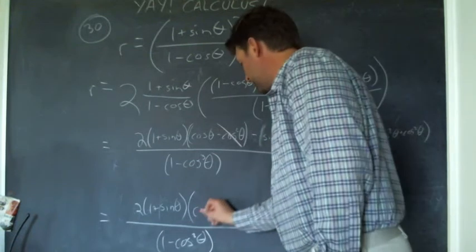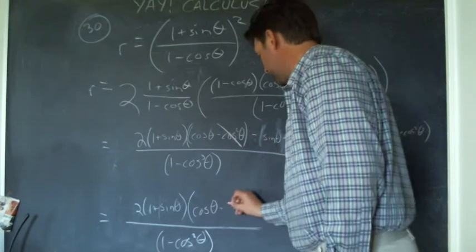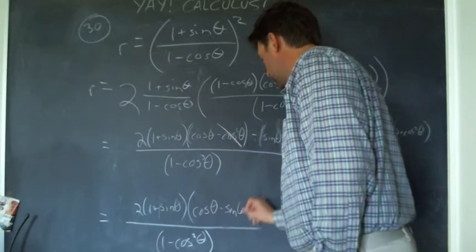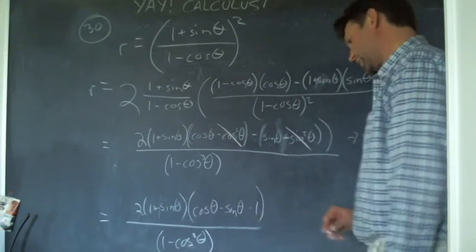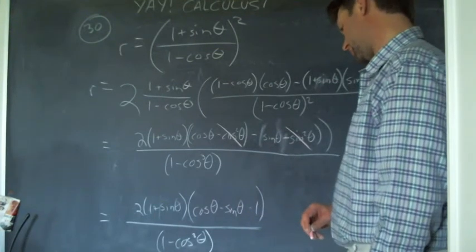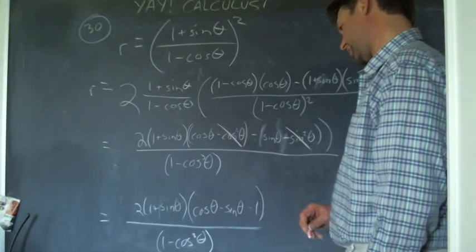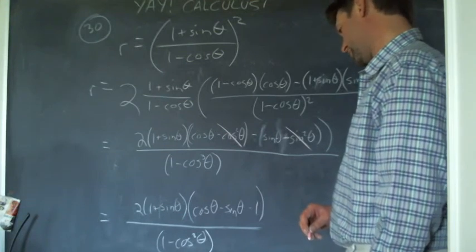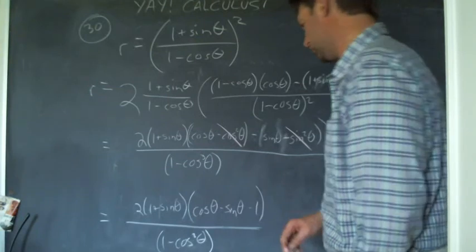So that'll be cosine theta minus sine theta minus 1. And I don't see that reducing any. May well. I think that'll do just fine.